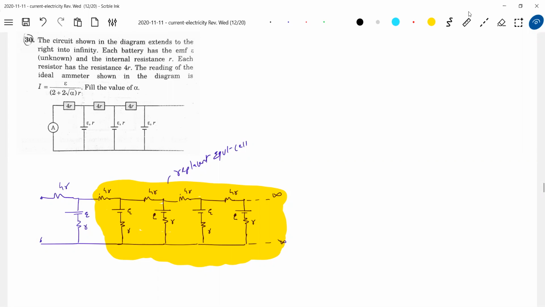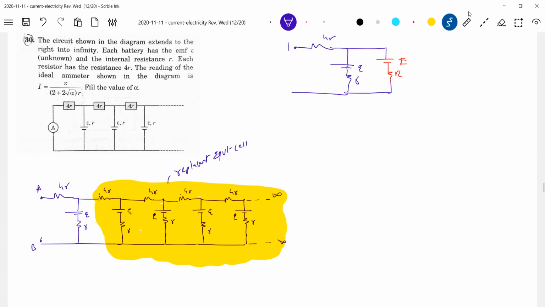If you take a bucket of water from the ocean, will anything happen? The amount of water will not change, no? The same thing. So when you replace this with the equivalent, the value at AB should be the same. So here we'll use the AB terminals. This equivalent EMF, I don't know that value.